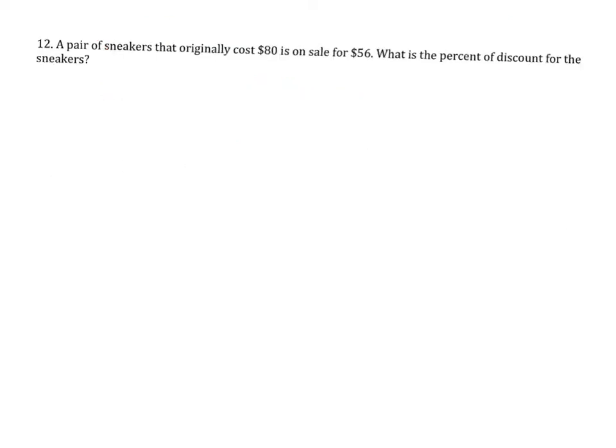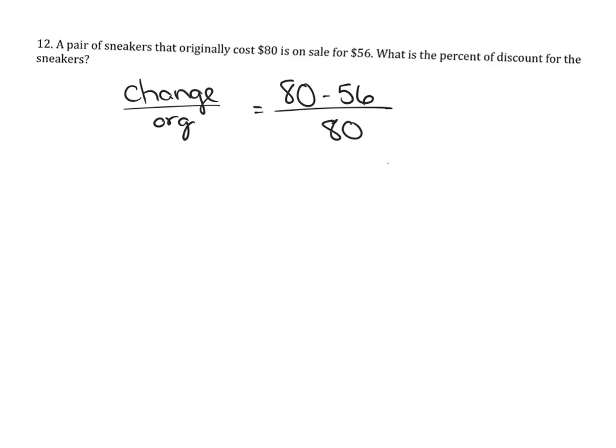Number 12, a pair of sneakers that originally cost $80 is on sale for $56. What is the percent of discount for the sneakers? So, once again, amount of change over original. So the change would be 80 minus 56 over the original cost of $80 because it's a discounted price. It's a decrease. So if I subtract that, I get 24, and it's over 80.